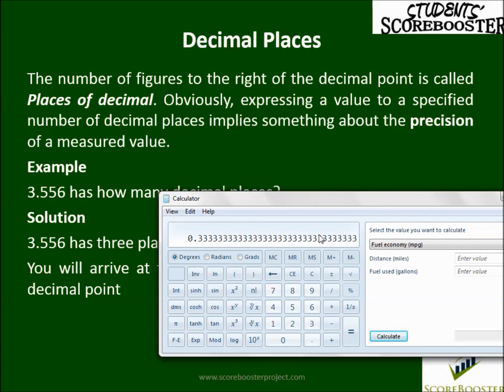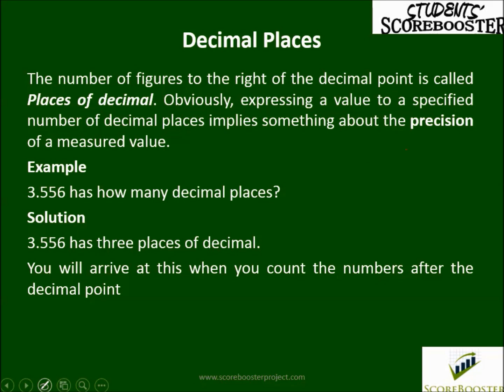In order to make using this number easy, you can simply ignore some of the numbers to the right. By so doing, you won't have the exact number you are working with, but you have an approximated value of it. So that deals with precision, how close the value you have is to the exact value.